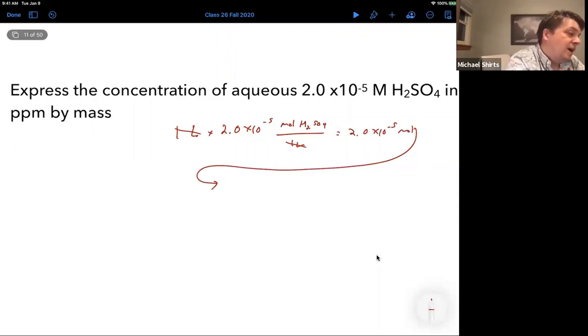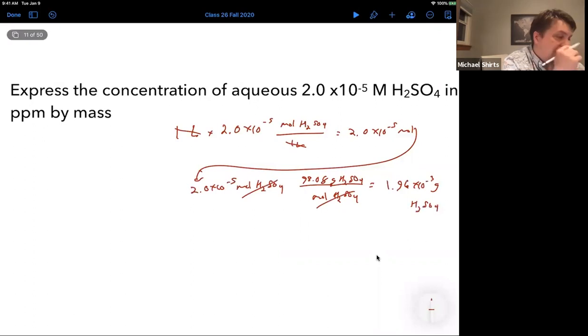And so we have to multiply 2.0 times 10 to the minus 5th moles times 98.08 grams H2SO4 divided by moles H2SO4. The moles cancel, and so we get 1.96 times 10 to the minus 3 grams H2SO4.